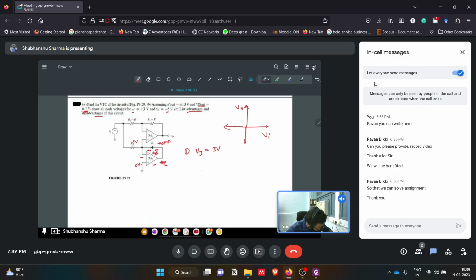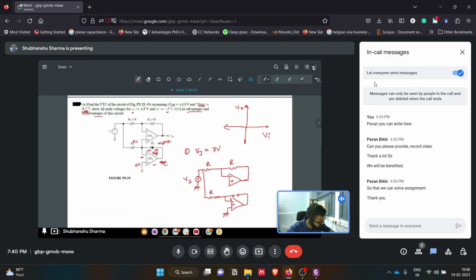The circuit will look like this: input voltage VI, a resistor R, another resistor R, and the op amp, and the feedback path is open.